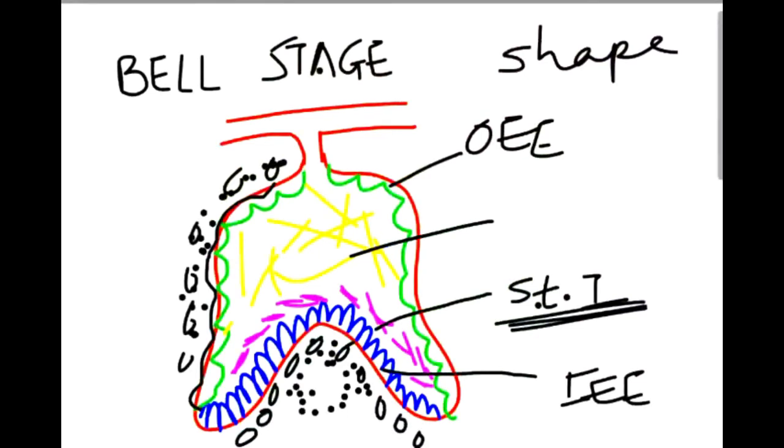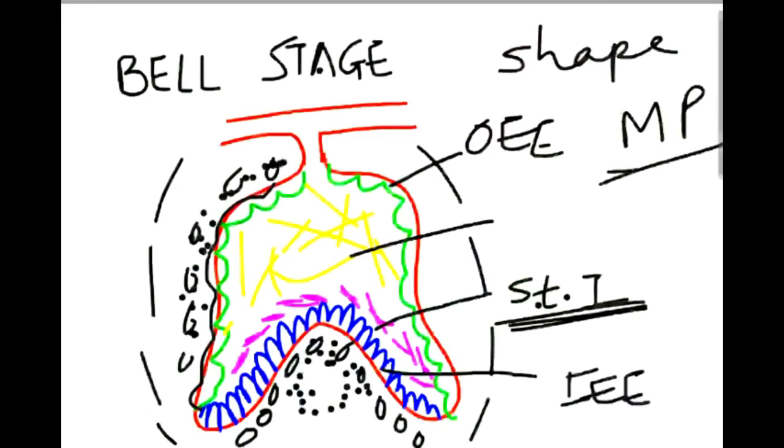So what about the dental sac in the bell stage? Before the dental tissues are formed, the dental sac shows circular arrangement with the development of the root. The fibers of the dental sac differentiate into periodontal ligament fibers.